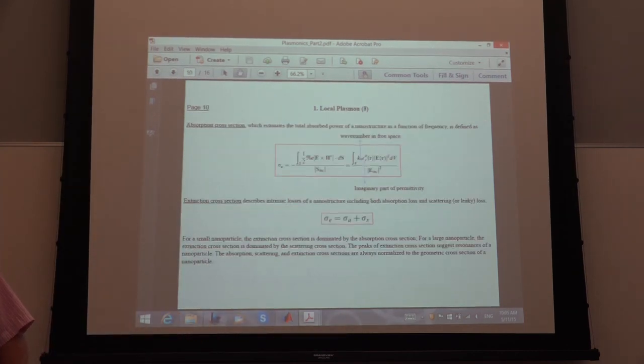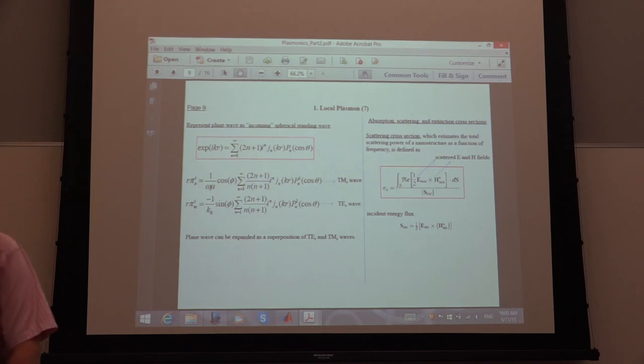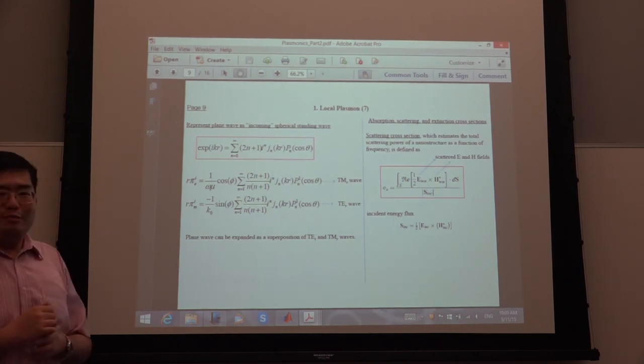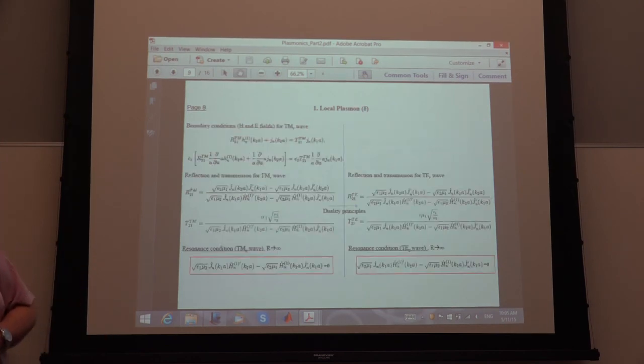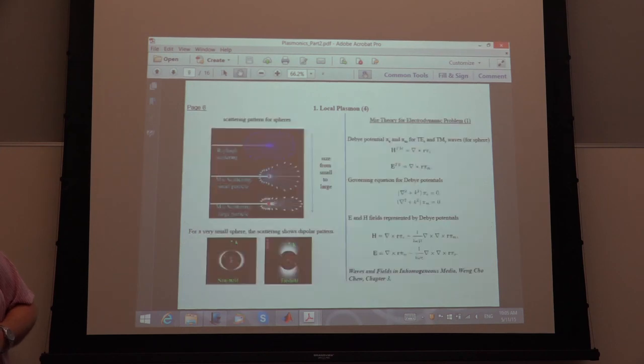Another difference is if you use Rayleigh instead of Mie to do the simulation. I think in any situation we should use Mie, not Rayleigh. It's very dangerous. Why dangerous? Because for Rayleigh, people typically use the electrostatic approximation, where everything is a Laplacian equation.